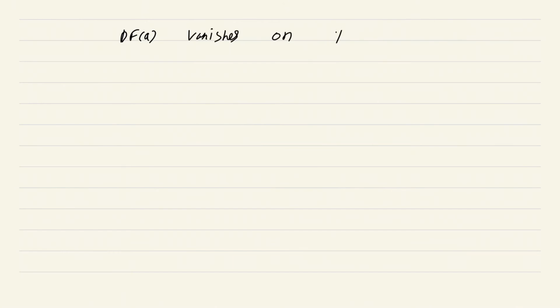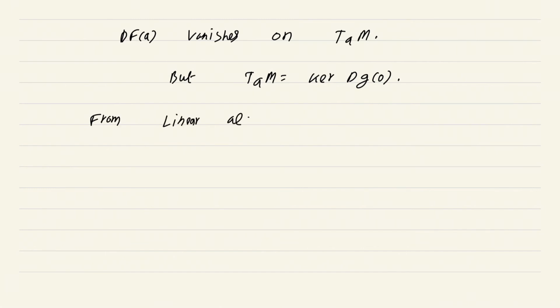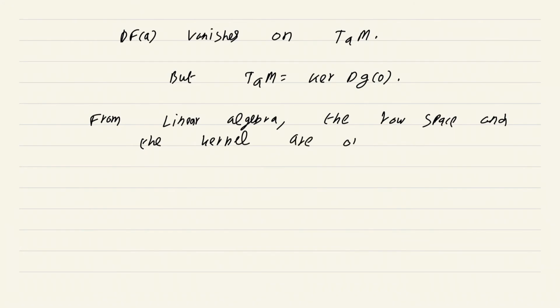on T_A M, right? But there are several ways of expressing this tangent space. Another way is to express it as the kernel of dg at 0. Now we are going to use an elementary fact from linear algebra: the row space and the kernel are orthogonal complements.